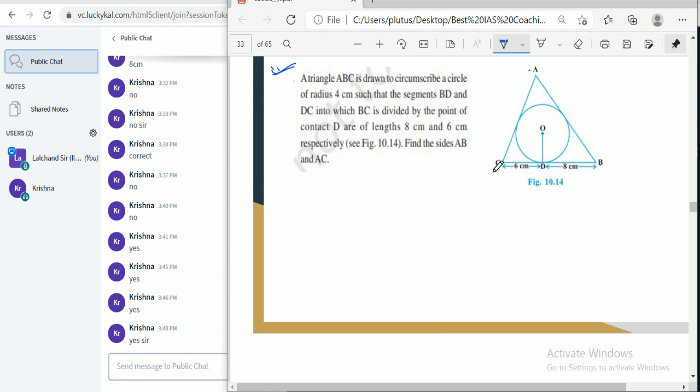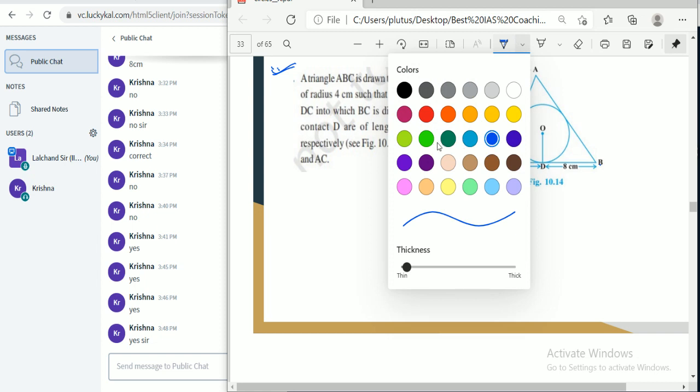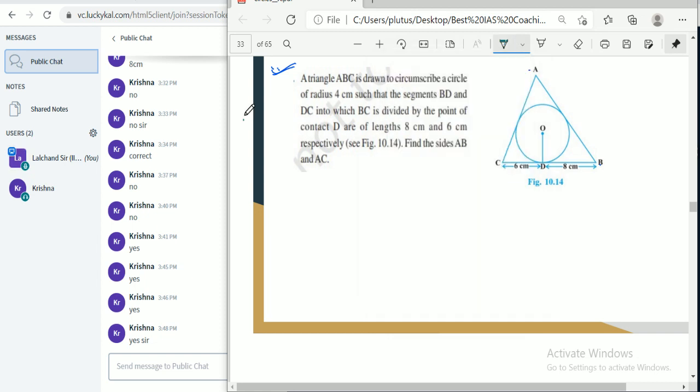So how can we solve this question? If I change this diagram a little bit, if I join this, this is also 90 degrees, and at this point also 90 degrees. So this is the radius of this circle.